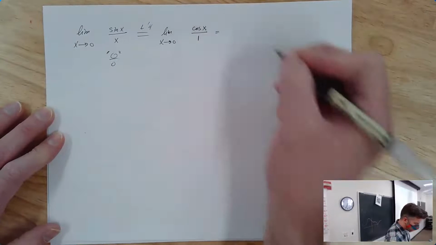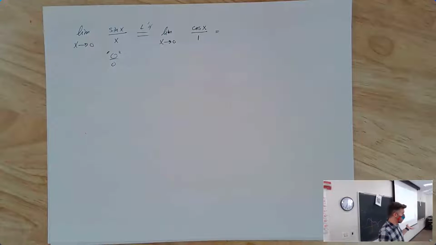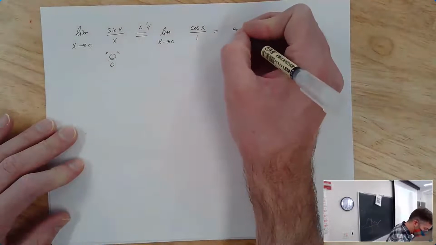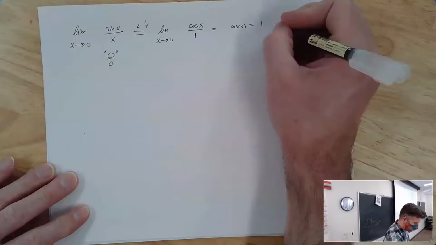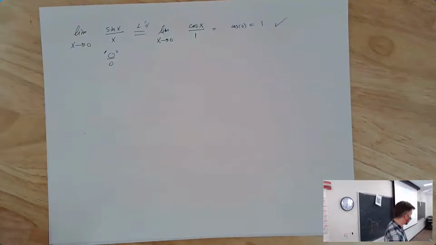Now I can't use L'Hopital's rule again, because it's definitely not 0 over 0 or infinity over infinity. Plugging in 0, I get cosine of 0, which is equal to 1. So it's good to see that L'Hopital's rule still gives us the same results for limits we already knew.